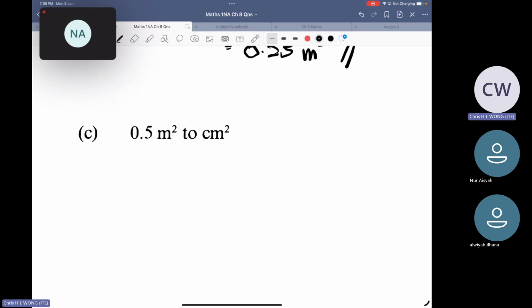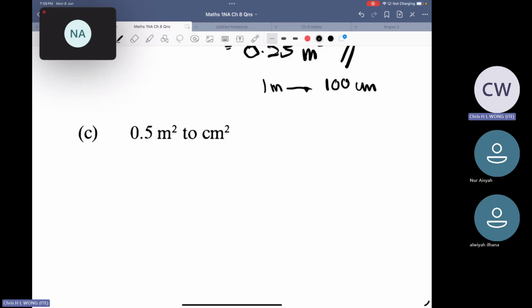So you write down 1 meter. How many centimeter first? That's the first thing you do. 1 meter, how many centimeter? All right, 1 meter, 100 centimeter. That's all you need to know.